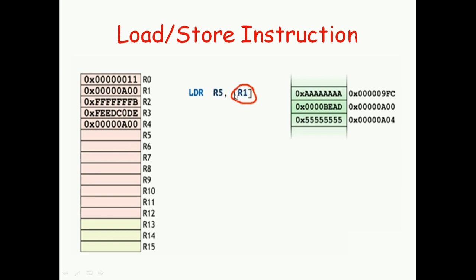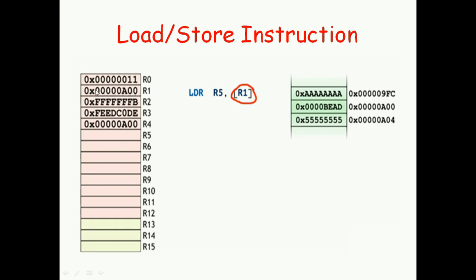So what is the memory address of this? Now this table corresponds to the register bank, and these values are the contents of registers, and this box corresponds to memory locations, wherein these are memory addresses and these are the contents stored in those memories. If R1 is written inside the bracket, what is the address of R1? Going to this register bank, check the content of R1.